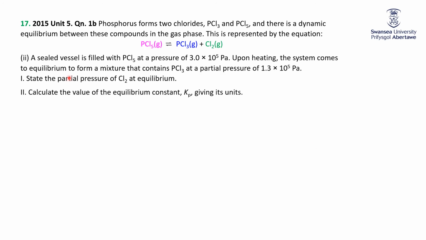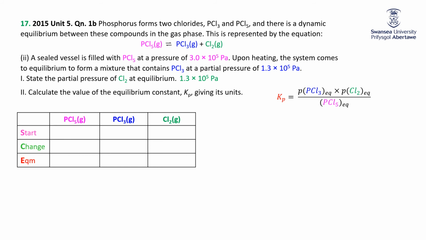So continuing on, calculate the value of the equilibrium constant Kp, given its units. Well, Kp is the pressure of PCl3 at equilibrium that we're told, times the pressure of Cl2 at equilibrium that we're told, divided by the pressure of PCl5 at equilibrium. We know the PCl3 and the Cl2, but we don't know the PCl5 at equilibrium.